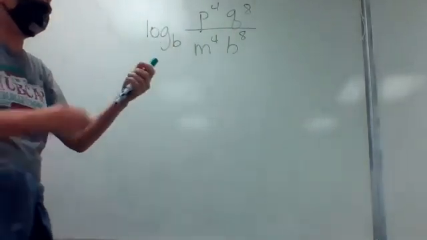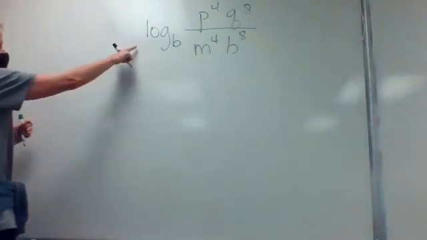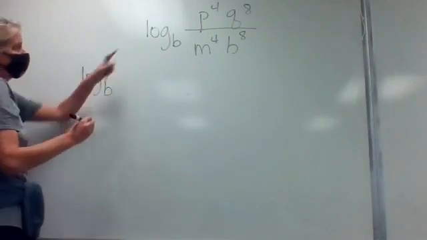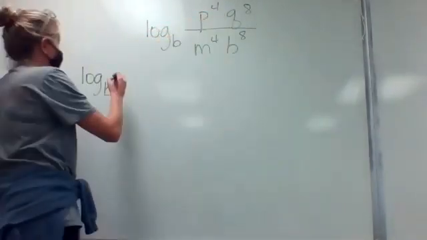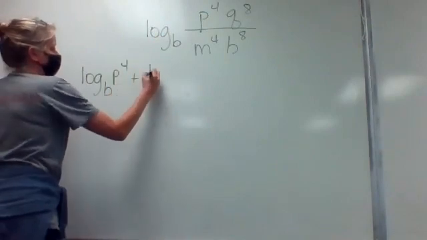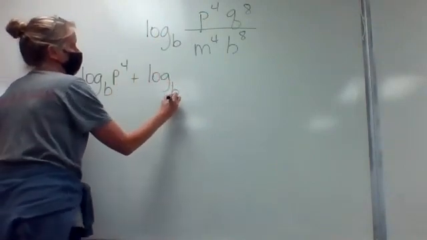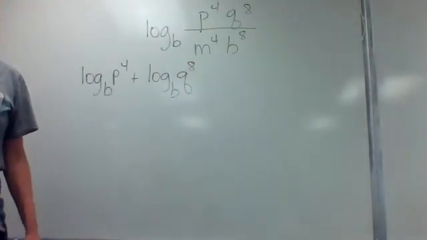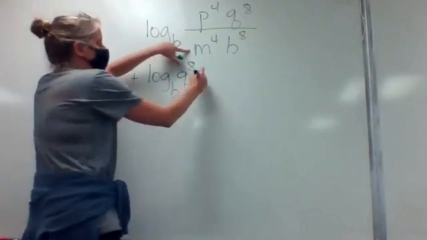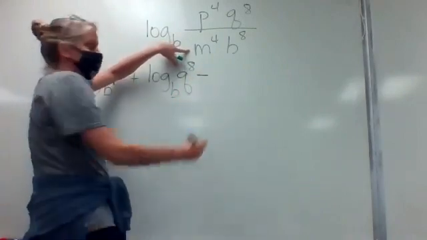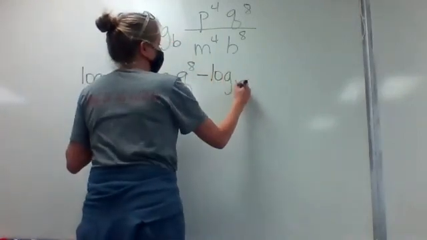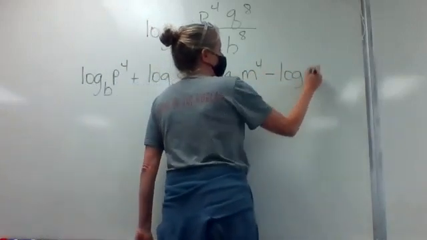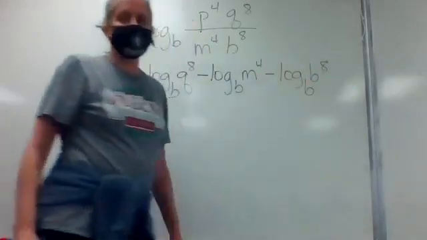So those are the ones that are going to be subtracted. So let's see, starting off, I've got log base b of p to the 4th plus log base b of q to the 8th. Then when you move to the denominator, that's when you're going to have minus log base b of m to the 4th and minus log base b of b to the 8th.